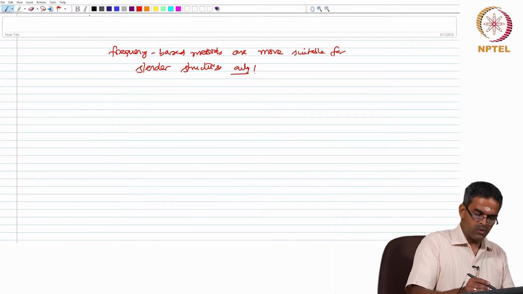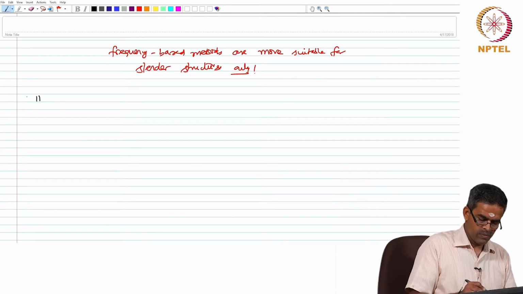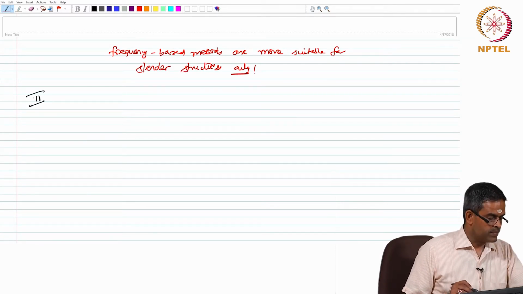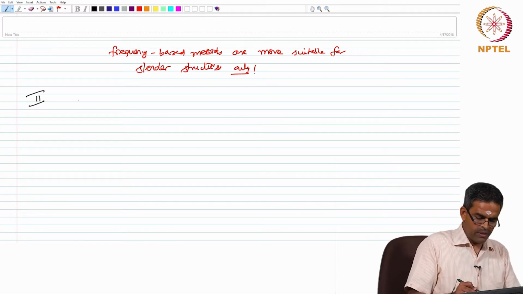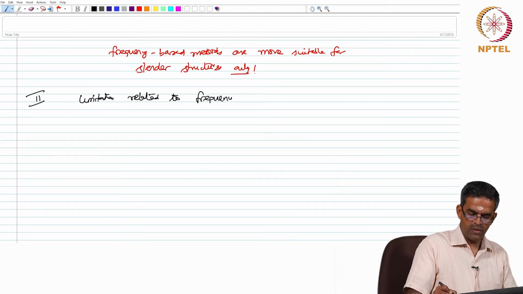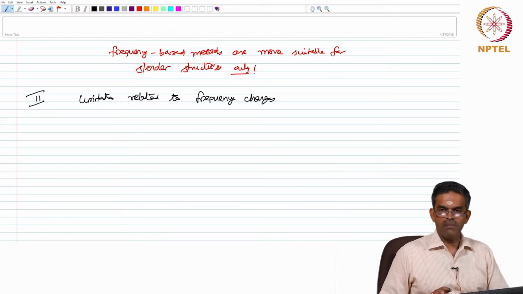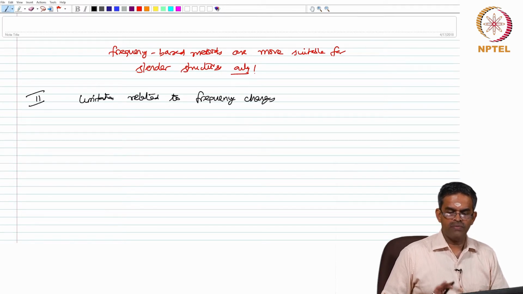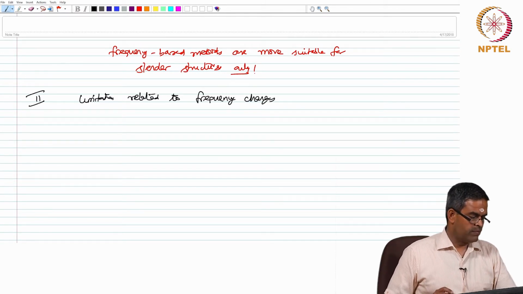Now, the second issue is limitation related to frequency changes, because this method essentially has a basic objective that damage is detected based upon change in frequency. There is a limitation related to that itself.